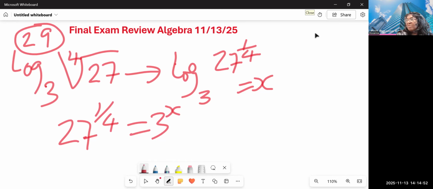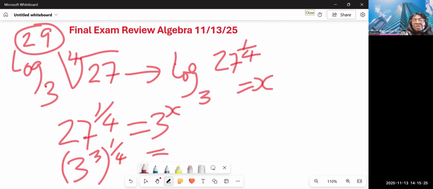Somebody tell me. 27, yes, go ahead. 27 is the same as 3 to power 3, correct? 27 is 3 to power 3, so I can say 3 to power 3, then I can exponent 1/4, which is equal to 3 to power x.